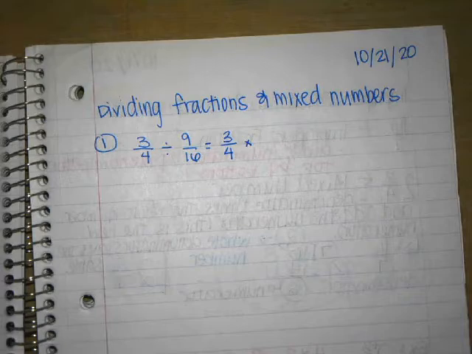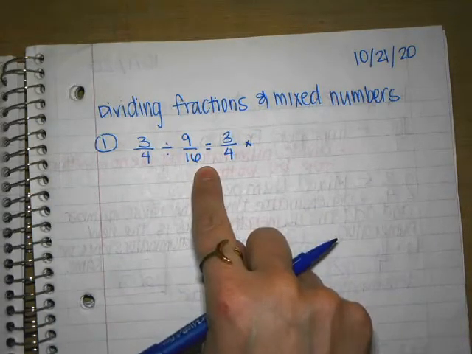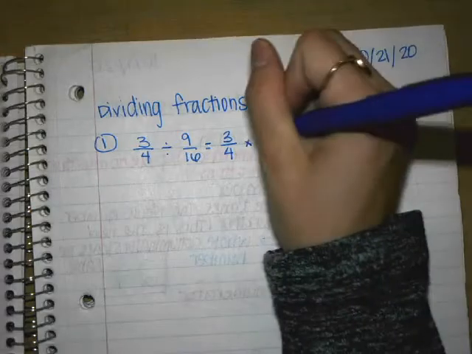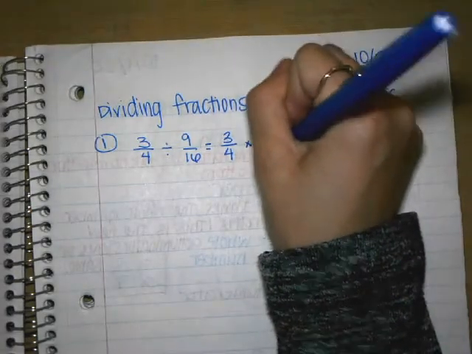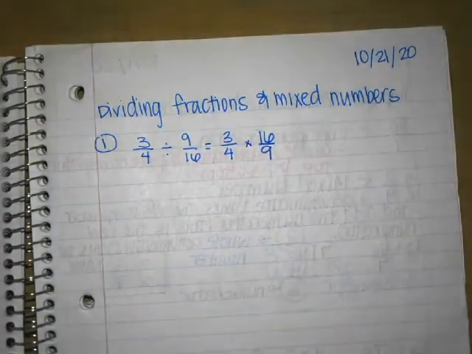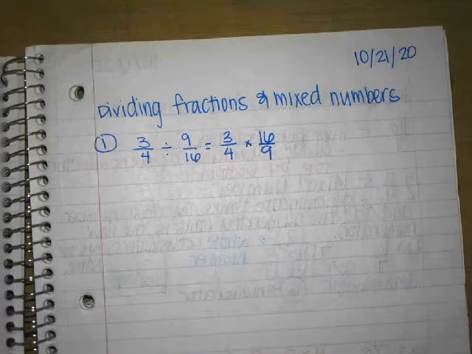And I am going to flip 9/16 to 16/9. Leave, change, flip. Now you follow your multiplication rules that you took a quiz on yesterday. So what can I do now?